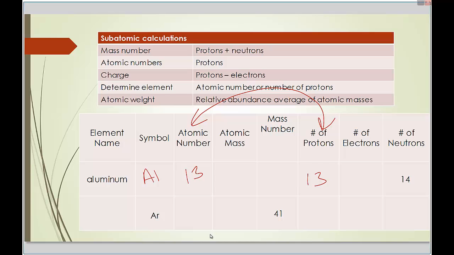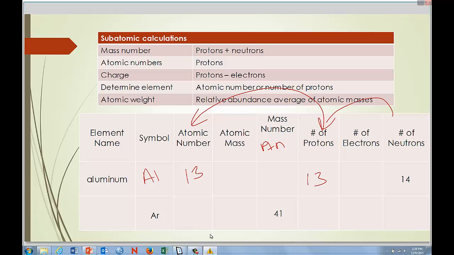The mass number is the protons and the neutrons added together. So it is these 2 lines added together, so 13 and 14 is 27. Now here, it didn't say anything about a charge, so that means that the electrons will be the same as the protons. So charge, right here, is the protons minus the electrons.